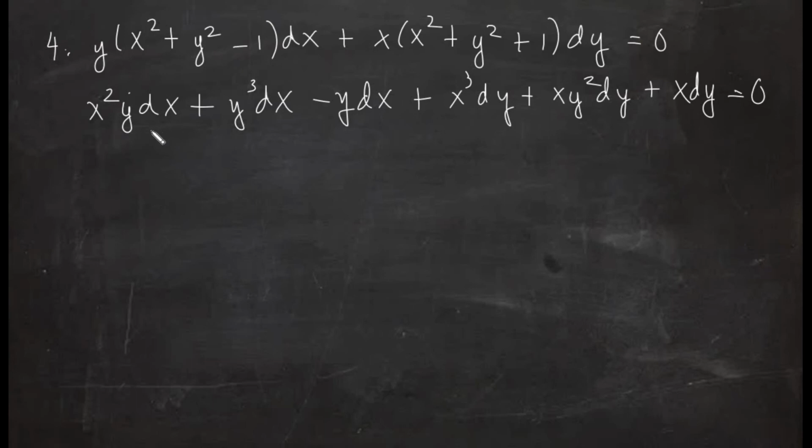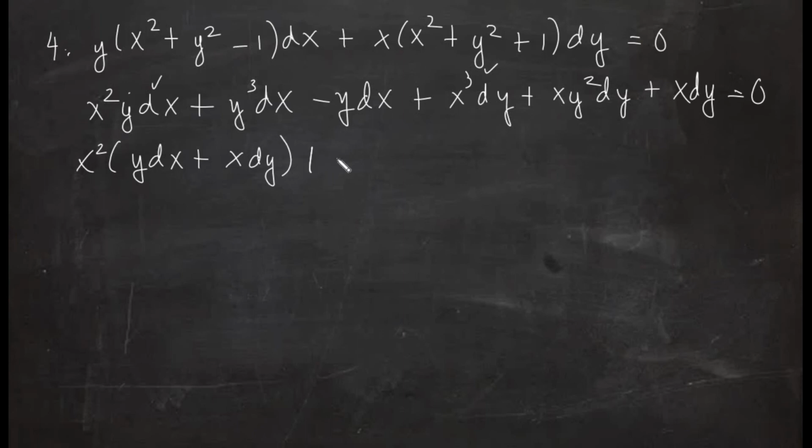You have x squared y here, and you have x cubed here. If I factor x squared, then that would mean something, right? Because if I factor out x squared from the first and the third term, I will have y dx plus x dy. So that is, let's put a check. And then let's observe the second term, y cubed dx, and then the fifth term.